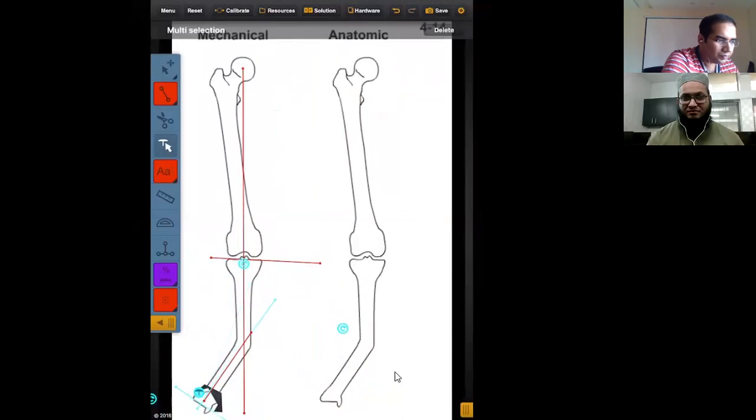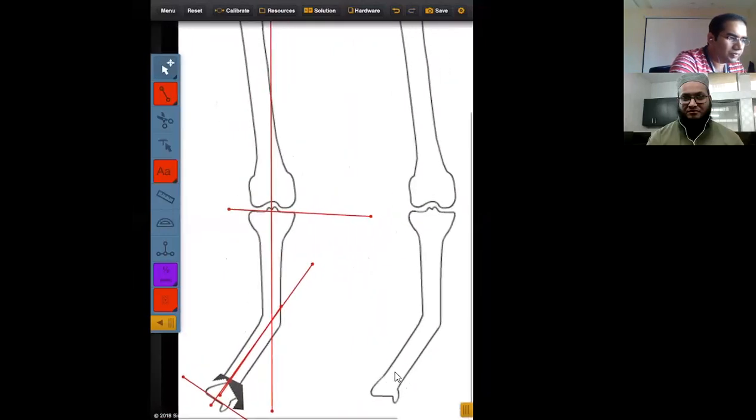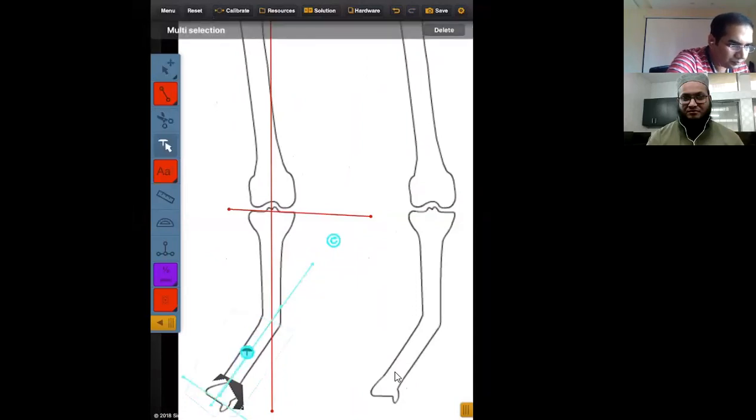This is how I've corrected the distal deformity. And now I'm going to do another osteotomy and correct the proximal one. Then I'm going to do an opening wedge osteotomy.